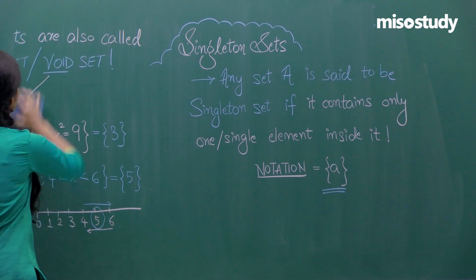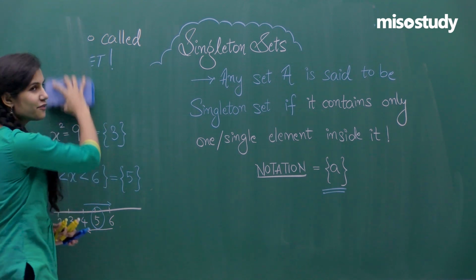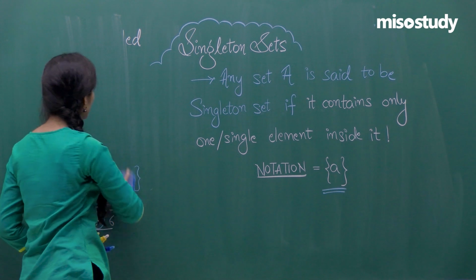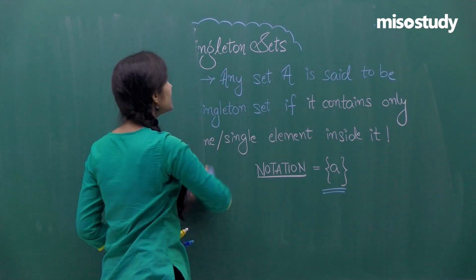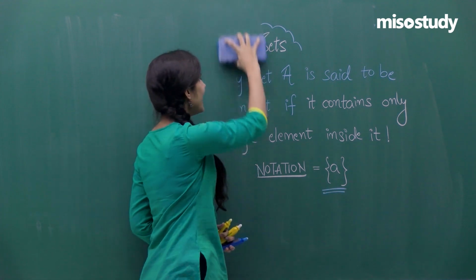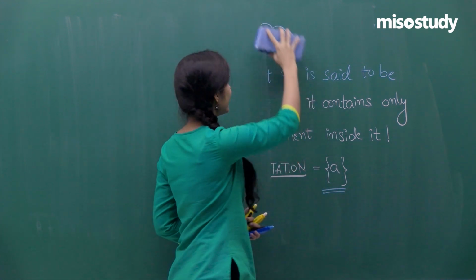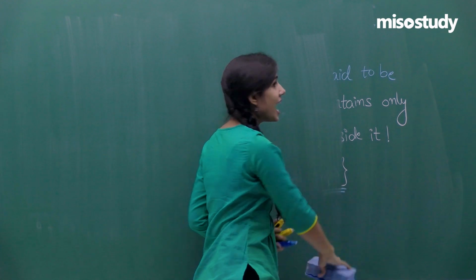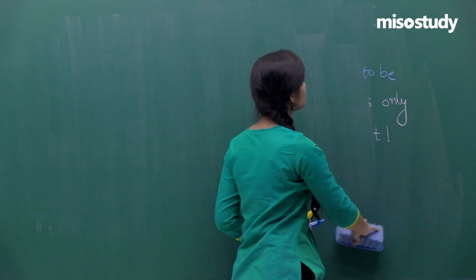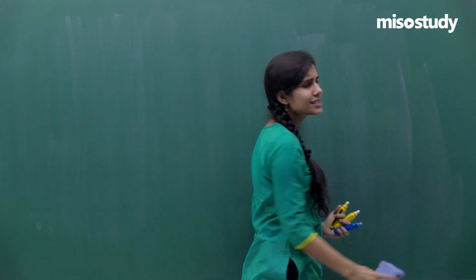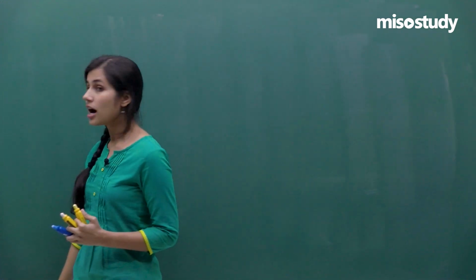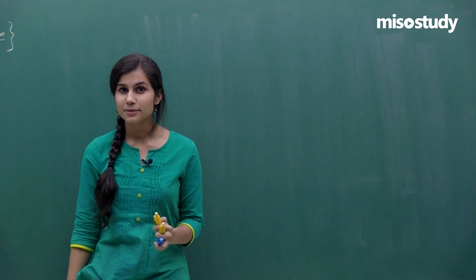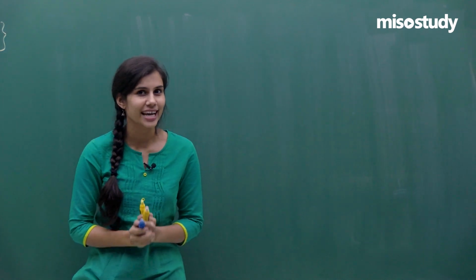So guys, till now we have made an entry into the world of two types of sets. The first one was the empty set and the second one was the Singleton set. From the set having nothing, we moved to a set having just one element. And therefore, Singleton sets are never empty sets because they have something sitting inside them.